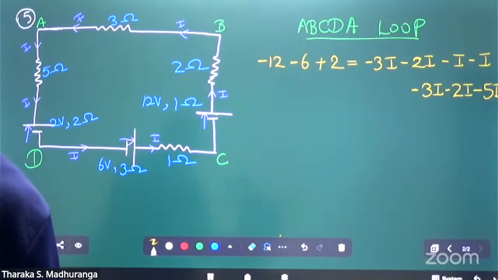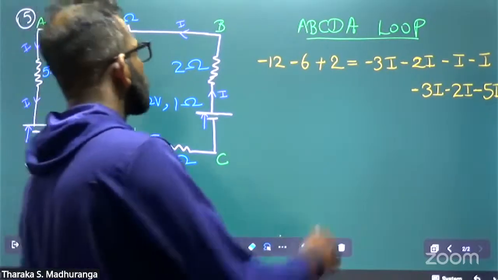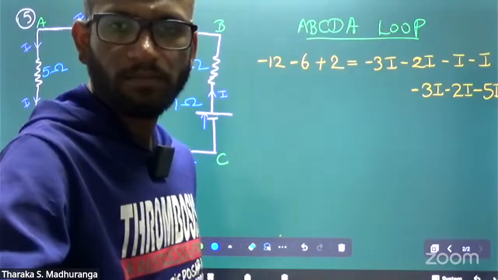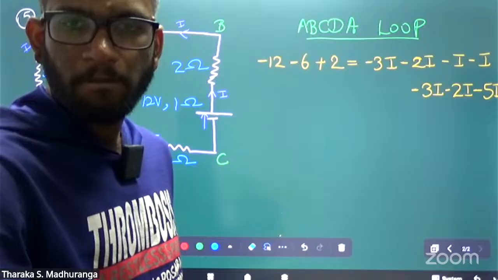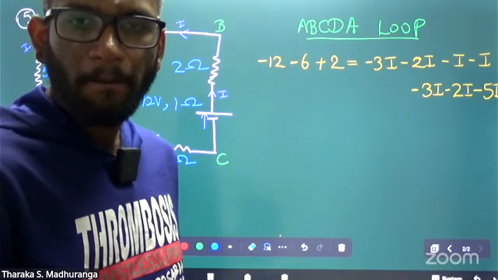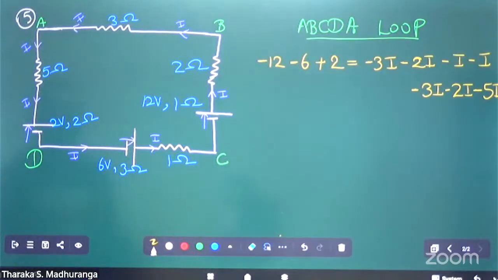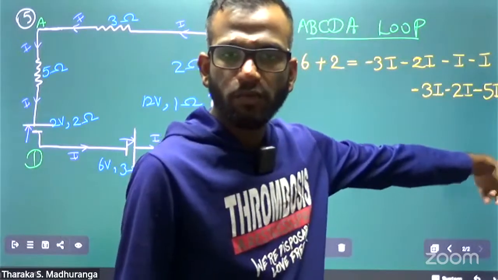Aditya, what's the answer? Minus 12, minus 6, minus 18. Last one is positive, D to A. You are asking 5I, Arshad?